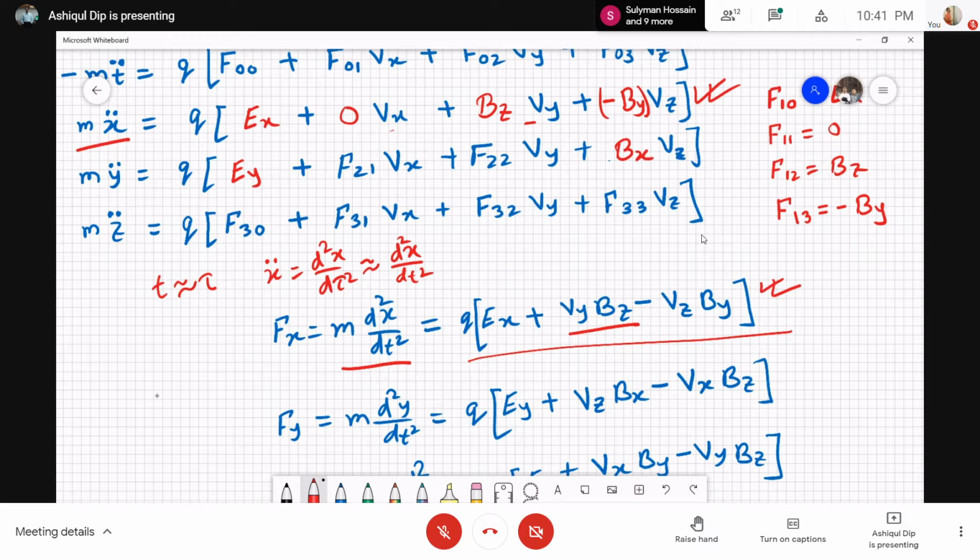Then Vx, f21 will be minus Bz, this term has to be equal to minus Bz. Okay, then f22 will be 0, it has to be equal to 0. Okay, great. Then f30 is Ez.